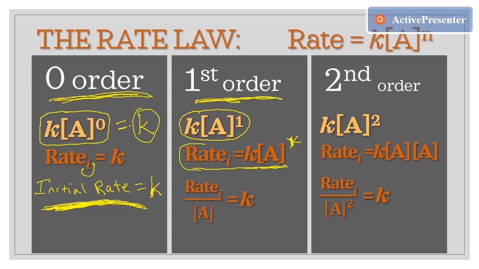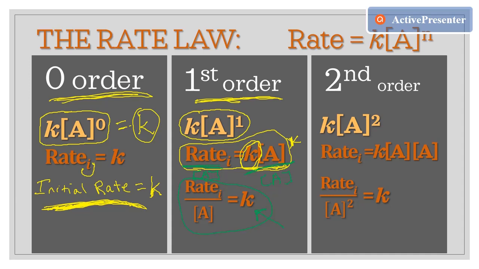So if we have the initial rate equals K times the concentration of A, but we want to find out what K is, then we can divide by the concentration of A on both sides to get K alone, and we end up with the initial rate divided by the concentration of A equals K. So that's if you want to solve for K. You want to get everything else on the other side of the equal sign and get K isolated by itself.